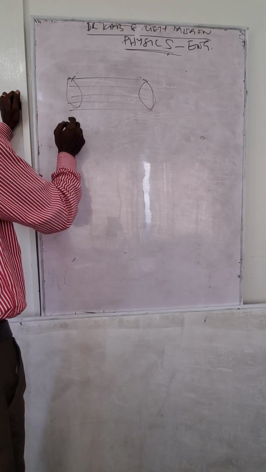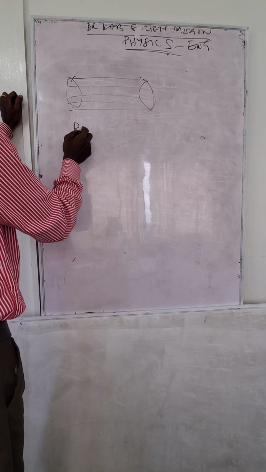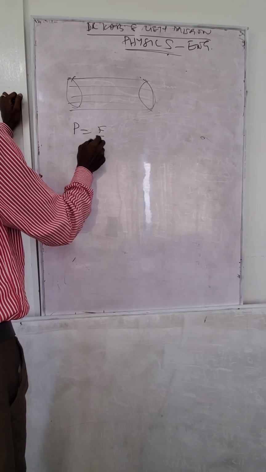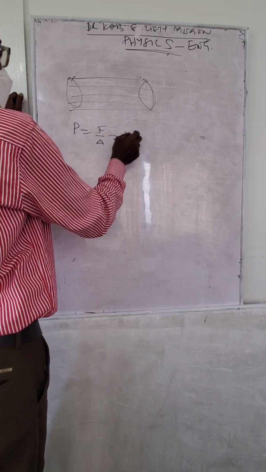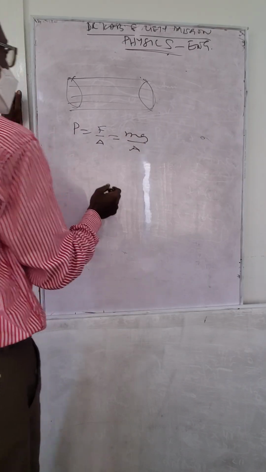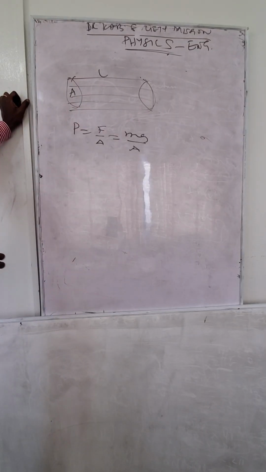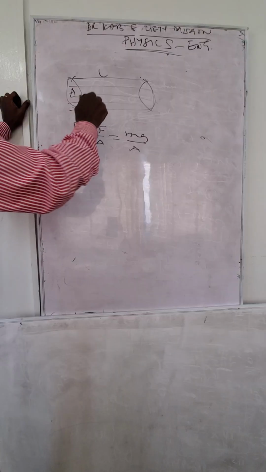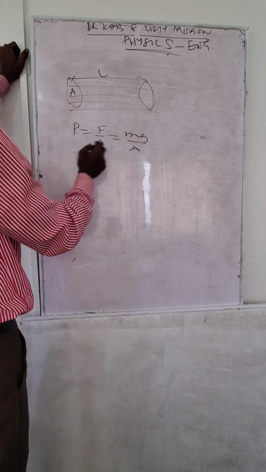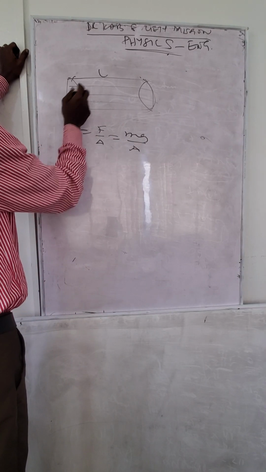If this column of air is moving, pressure is equal to force over area. This is the same as mass times gravity over area. This is the cross-sectional area and this is the length, so you can do substitutions. We can do the mass in terms of A and L.